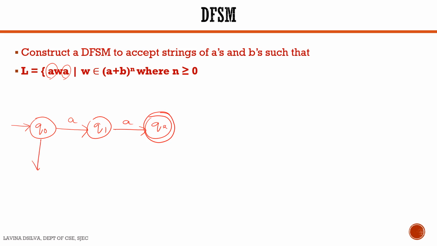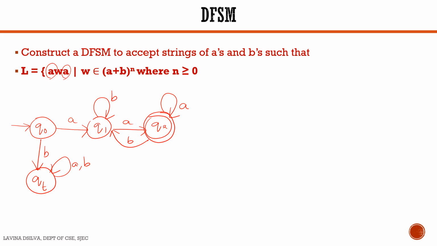Q0, if it receives a B, goes to the trap state, and in this trap state we need not worry about the inputs which are seen. Q1, if it receives a B, remains in the same state. Q2, if it receives an A, remains in the same state, whereas if it receives a B, goes to Q1 state.